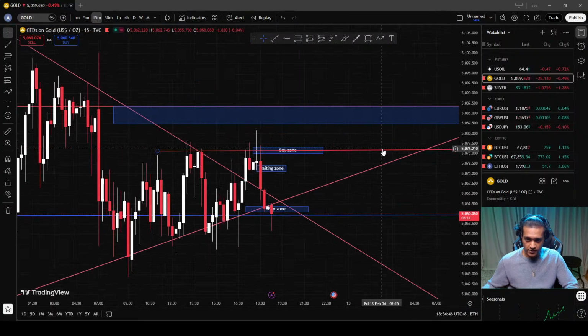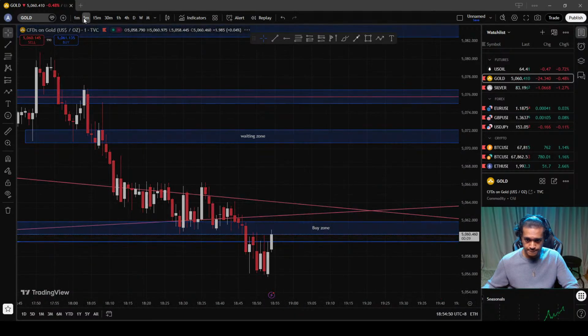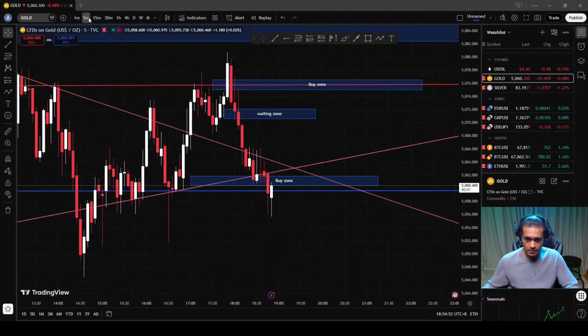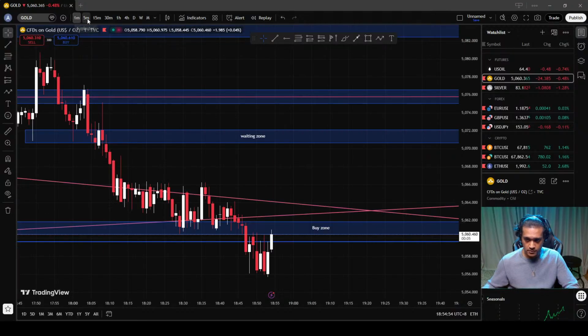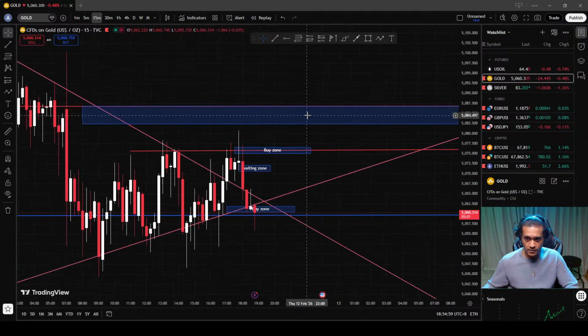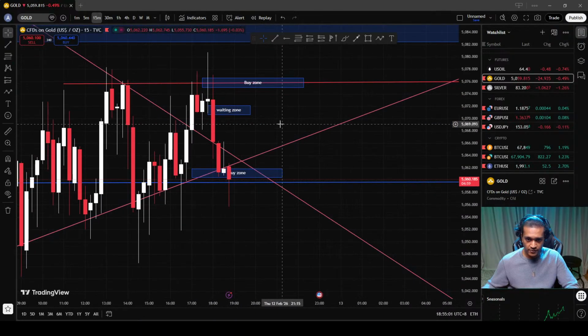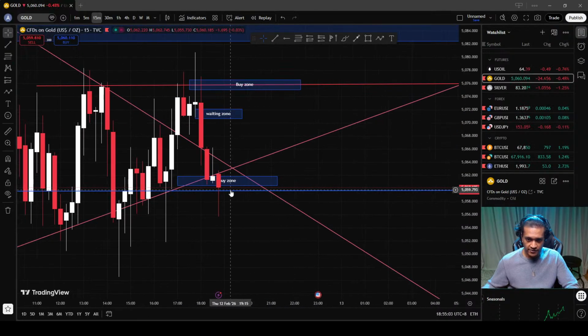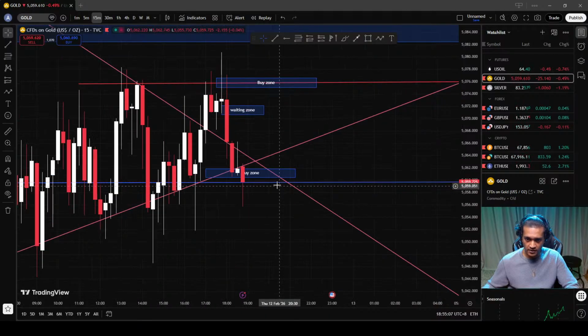Let's see what the market is gonna give us. Everything is coming back to our buy zone. So it's kind of respected. If it respects this support, that means this support is still valid and still strong.